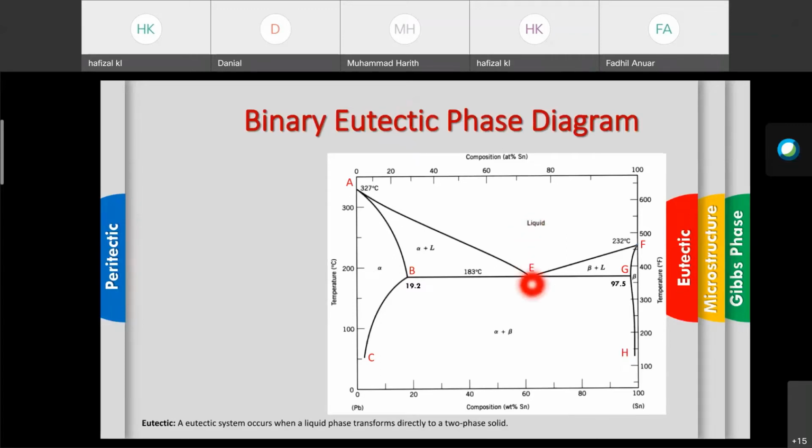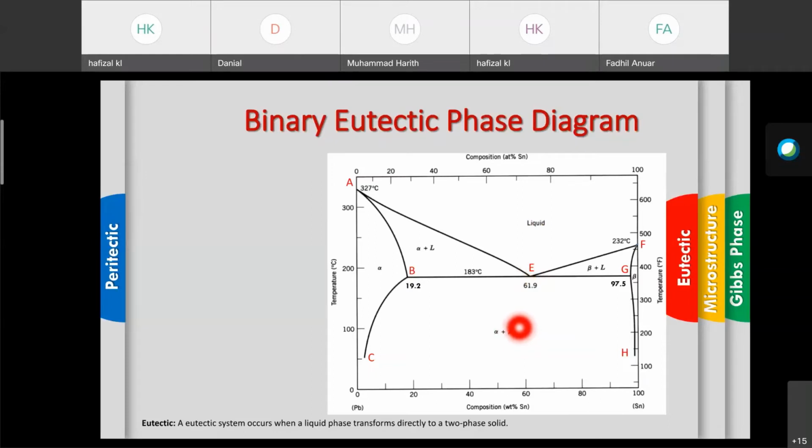The liquid will transform along this line to alpha plus beta. The alpha indicates Pb, and the beta indicates Sn.